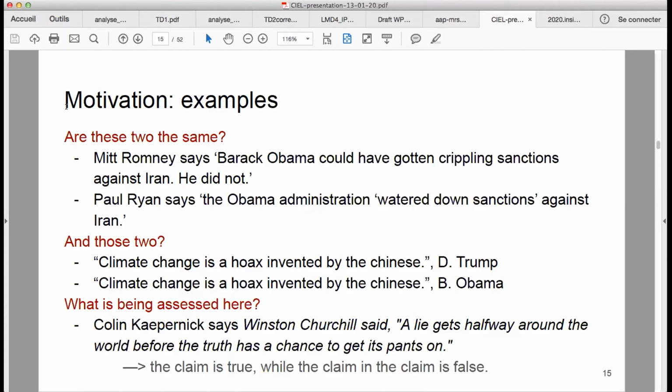Another example, at the bottom: Colin Kaepernick says that Winston Churchill said that a lie gets halfway around the world before the truth has a chance to get its pants on. Here we have a claim which is nested within another claim, and the claim is true, but the claim within the claim is false because Winston Churchill actually never said that.